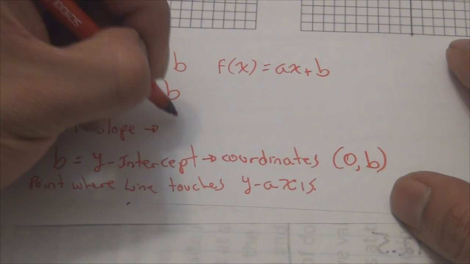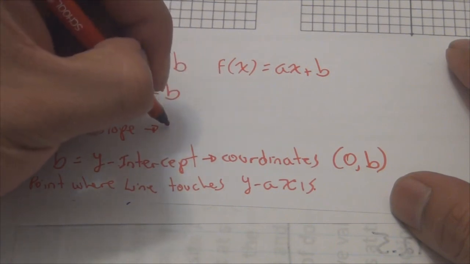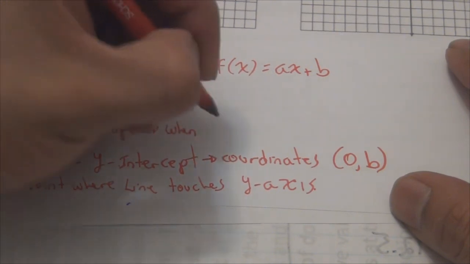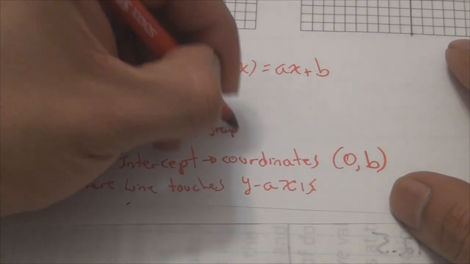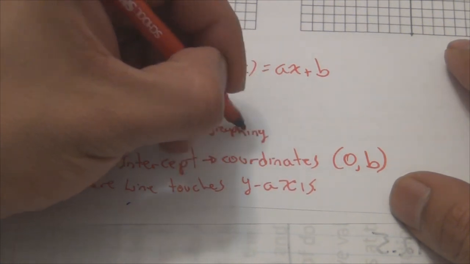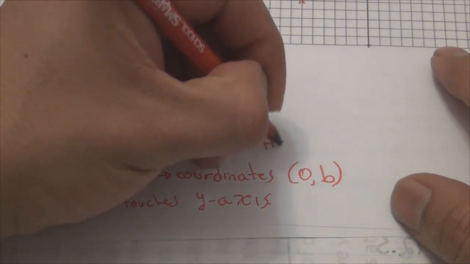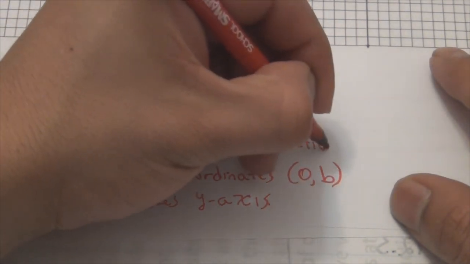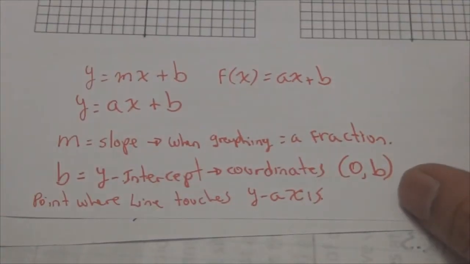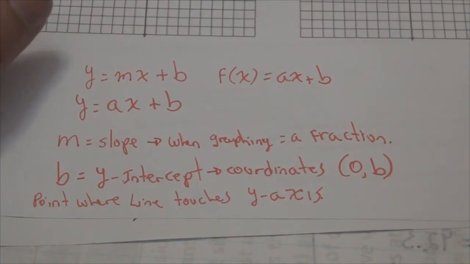What does that mean? Okay? When graphing, the slope equals a fraction, even if it's not. Alright, right now it doesn't make any sense. Now let's make sense of it.